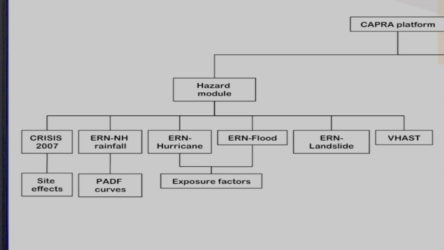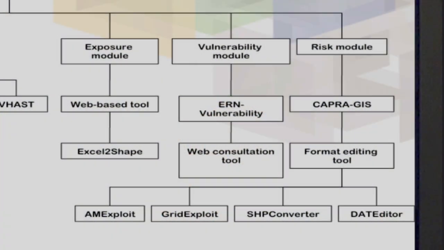In particular, assessment of seismic, rainfall, hurricane, flood, landslide, or volcanic risk. This is followed by the different modules for gathering exposure data and then vulnerability data for each component to be modeled. And lastly, the general module for data integration and for final assessment of the risk.